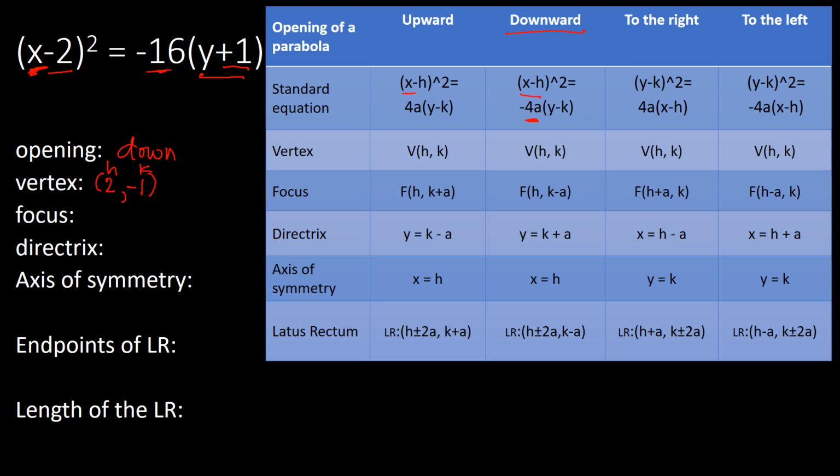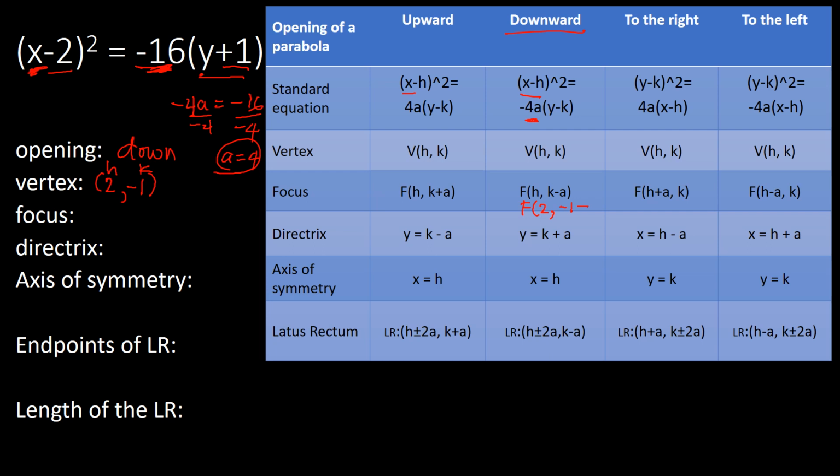And we go for the focus. So our focus is h, which is 2, comma, k, which is negative 1, minus our a. Our a is going to be determined by this number here. We've got negative 4a equal to negative 16. Divide this by negative 4 to get our a. Our a there is 4. So going back to the focus, we have k minus a.